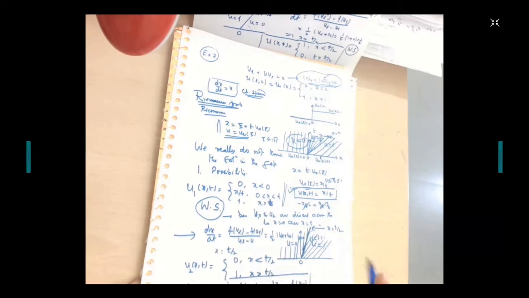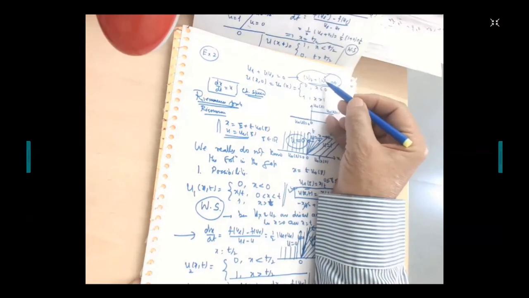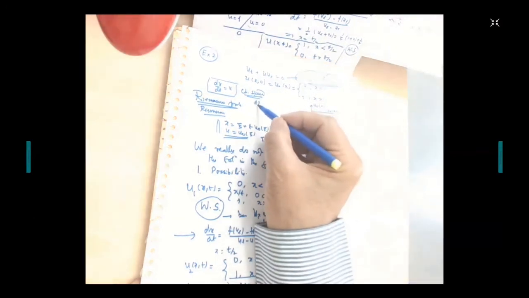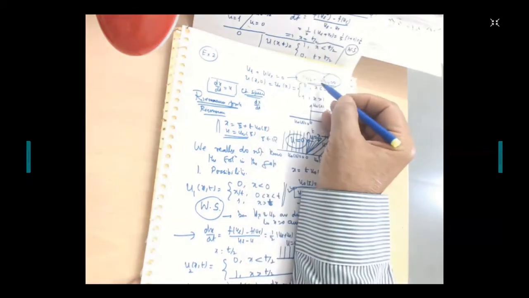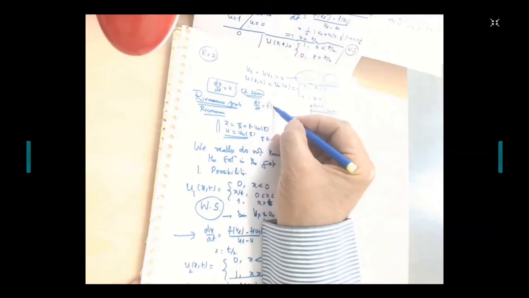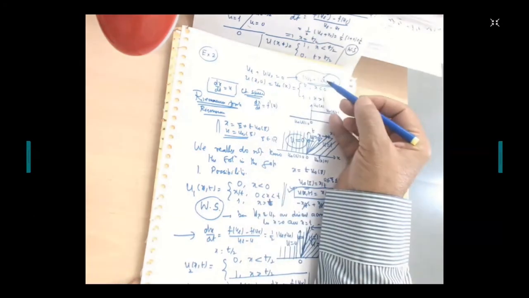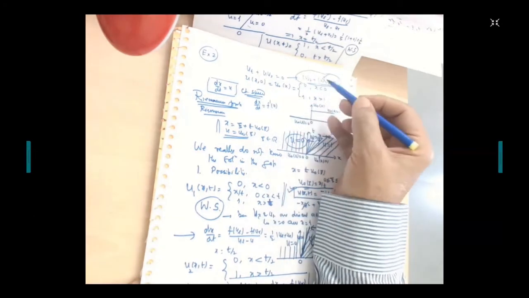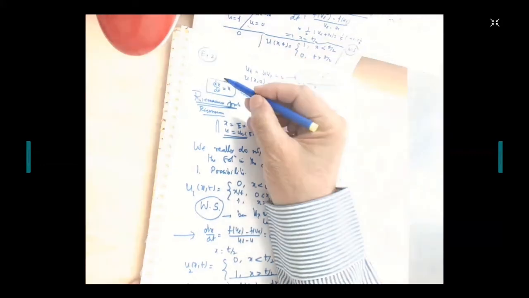What is f here? f is your u square upon 2, is that right? And what is dx dt? In general, if I take this as f of u, then this is your f dash of u. In this particular case, the derivative f dash turns out to be u, which is precisely the case.